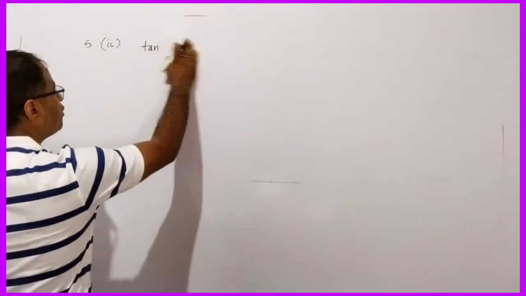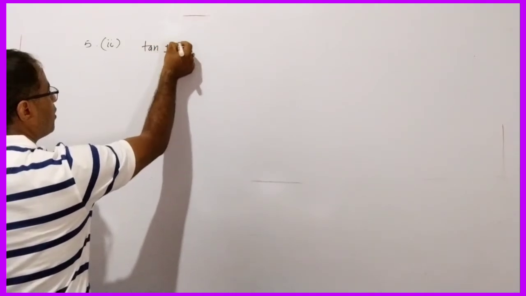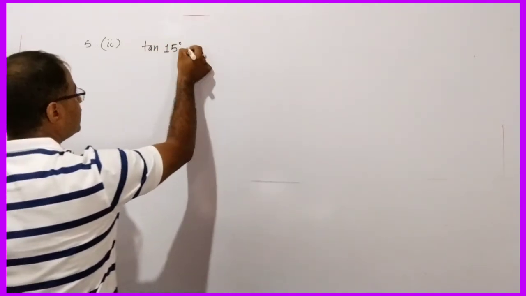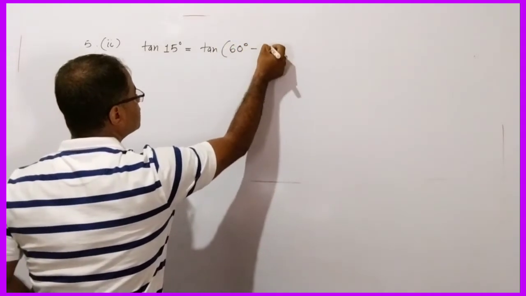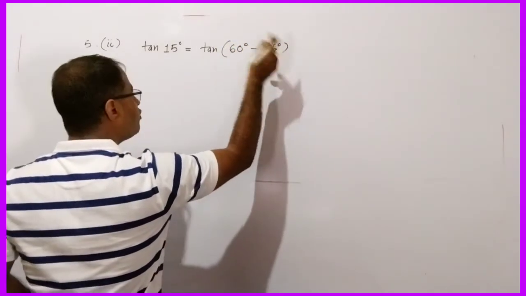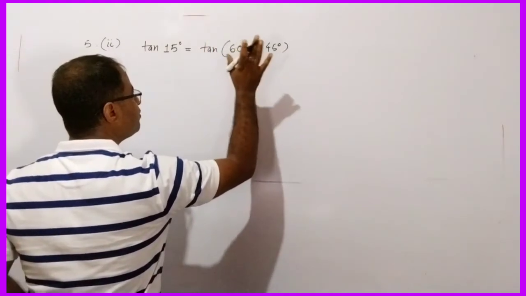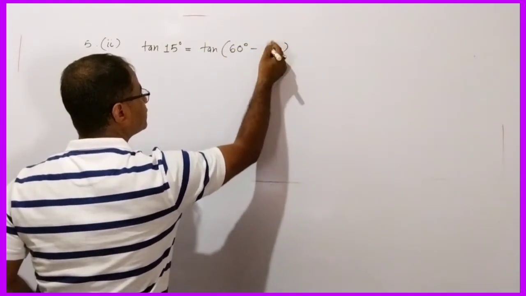You can apply one of these. 15 degree, you can write as 60 degree minus 45 degree, or you can also write 45 degree minus 30 degree.